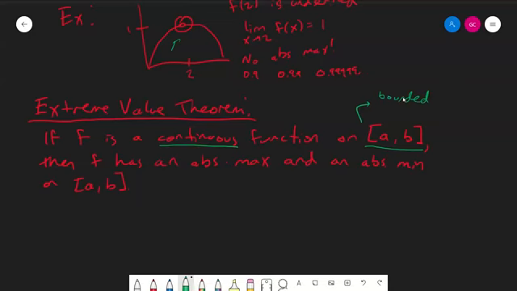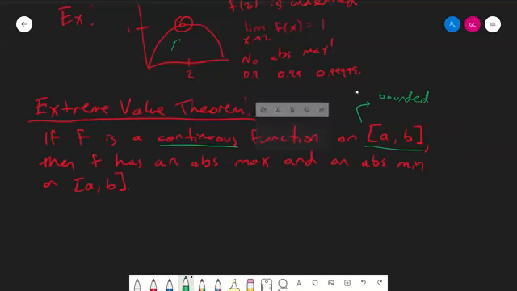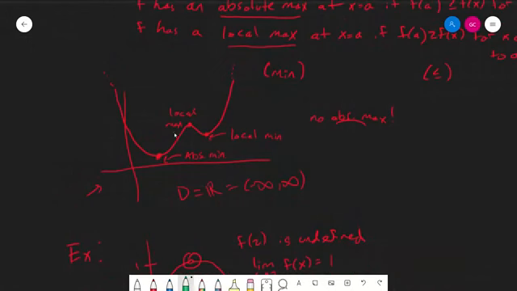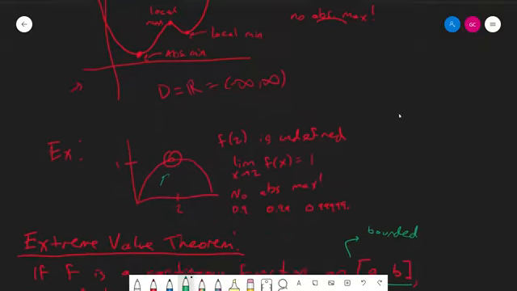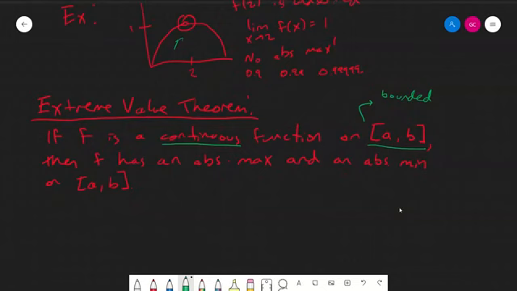So it's not the whole real line, because we saw up above that if you have a function that is defined on the whole real line, it's possible to have no absolute maximum just because the outputs are unbounded. So I need a bounded interval, but I also need it to be closed.